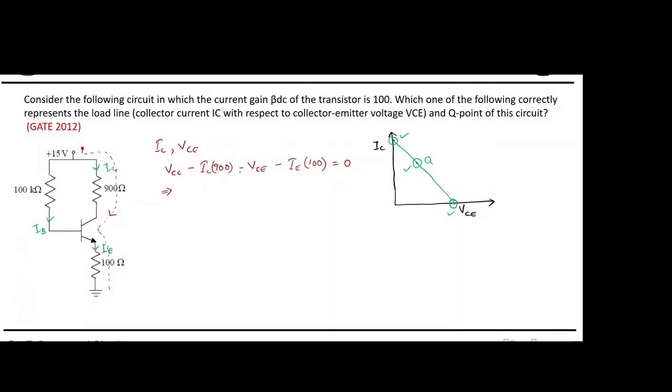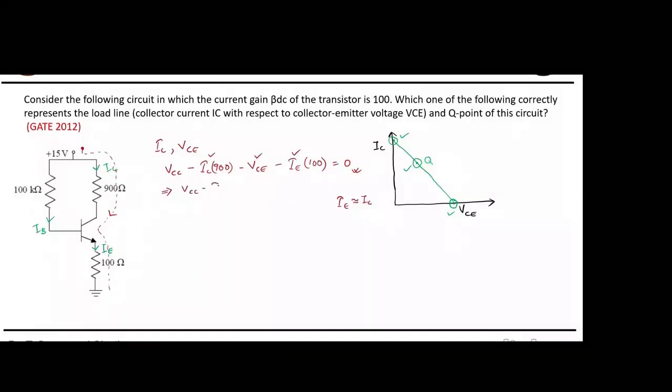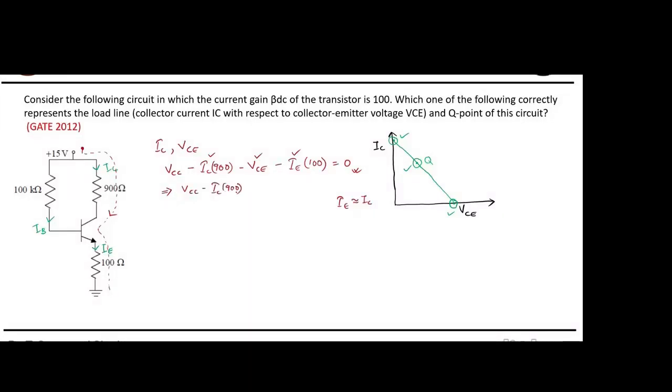Now see how many variables are in this equation: VCC, IC, VCE, and IE. But I can reduce it to 2. How? I can take IE approximately equal to IC. Yes or no? Yes, sir. Then VCC minus IC 900 minus VCE minus IC 100 equals 0.